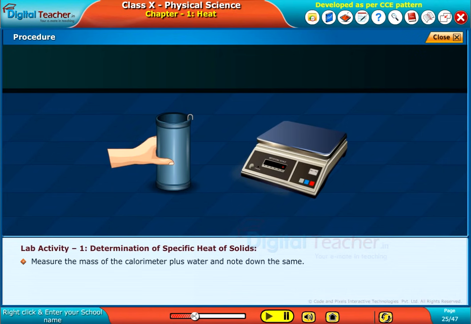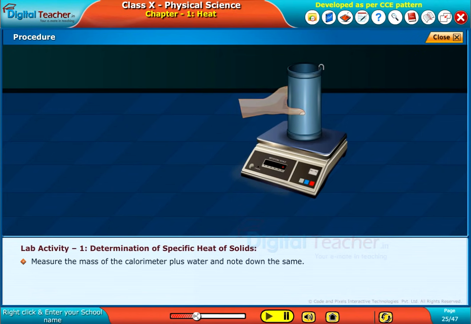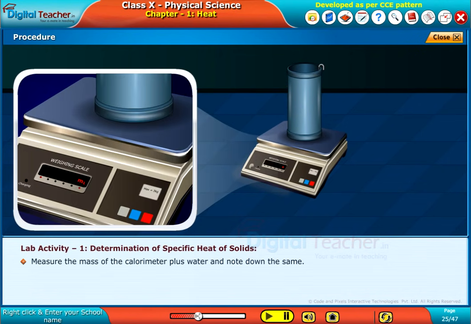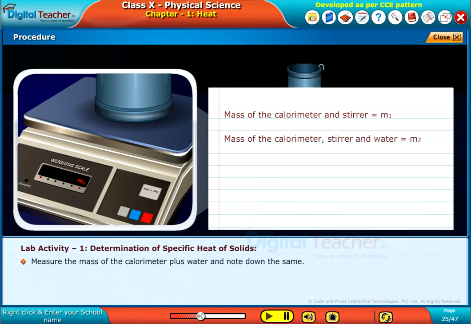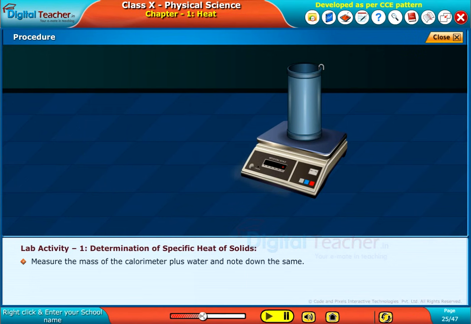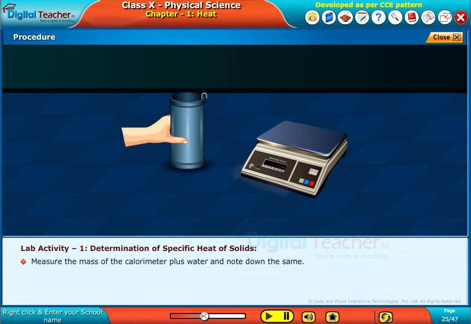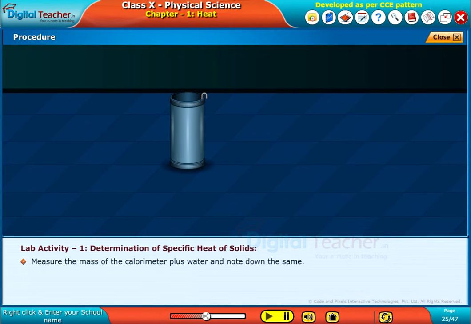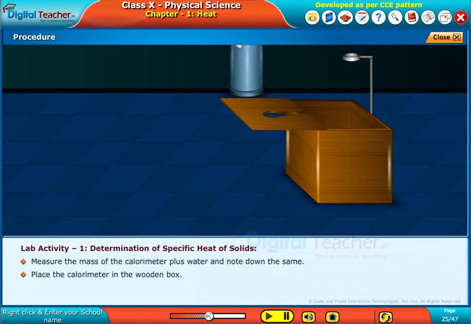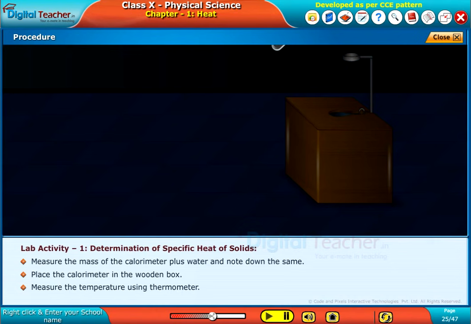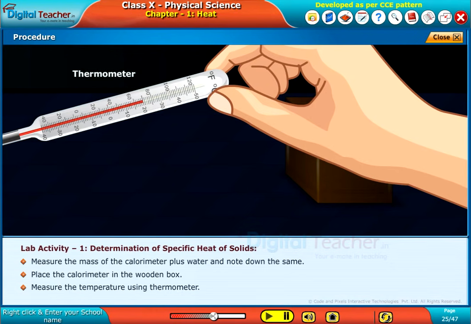Measure the mass of the calorimeter along with water and note down the same. Place the calorimeter in the wooden box. Measure the temperature using thermometer.